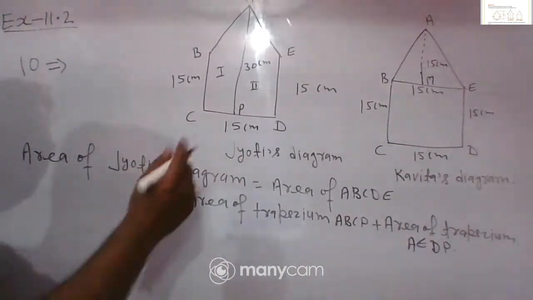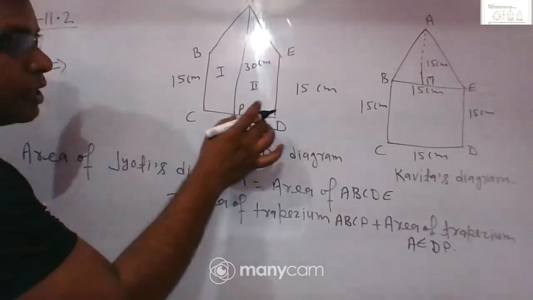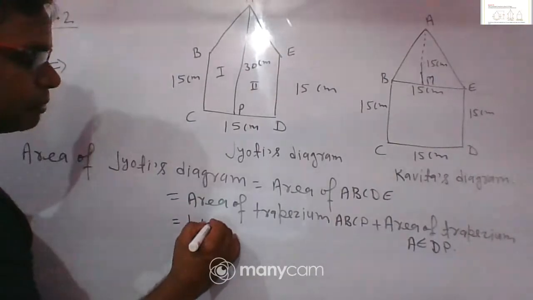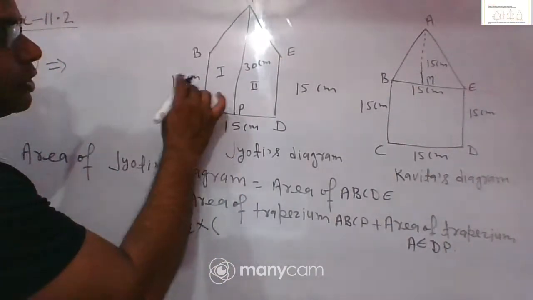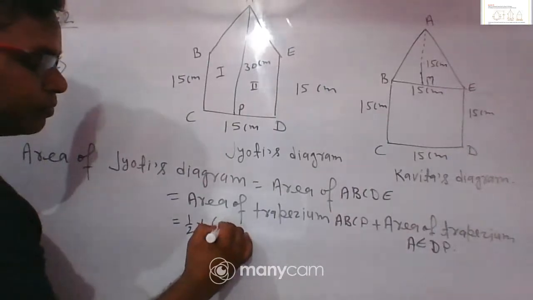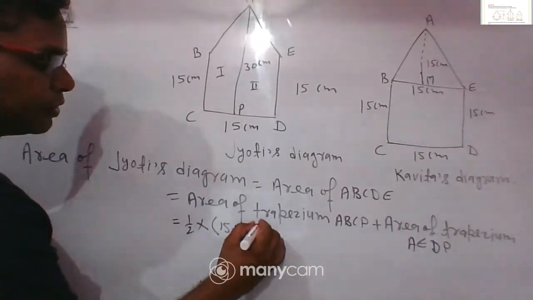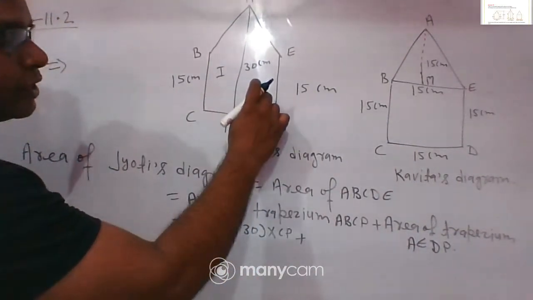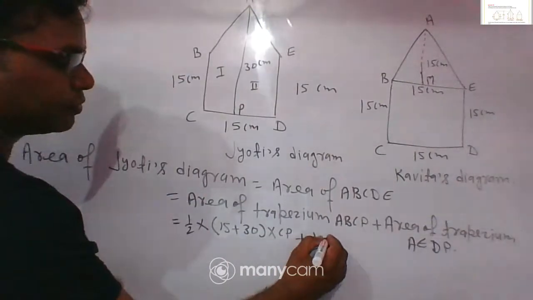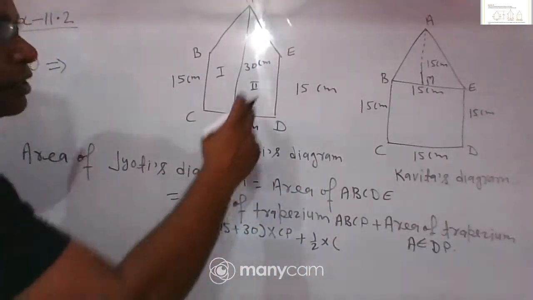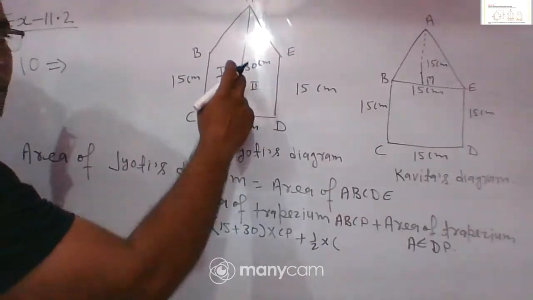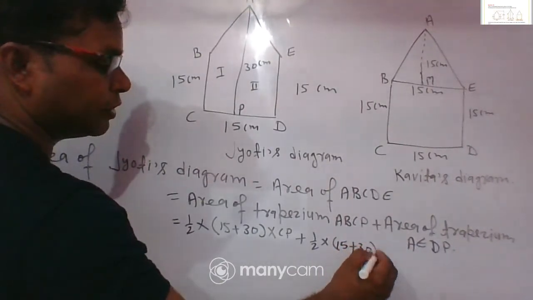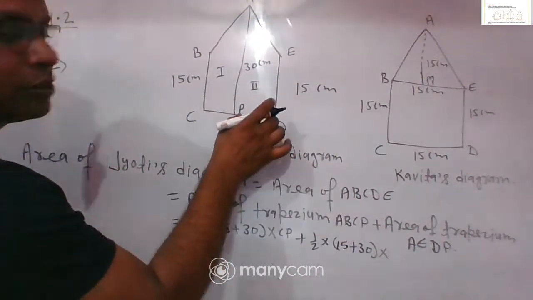So we find here the distance between them. CP and DP are the distances between them. So 1 by 2 sum of parallel sides, 15 and 30 are the parallel sides. So 15 plus 30 into CP, plus in this area 1 by 2 into 15 and 30, the parallel sides. So it becomes 15 plus 30 into the distance between them, which is PD.